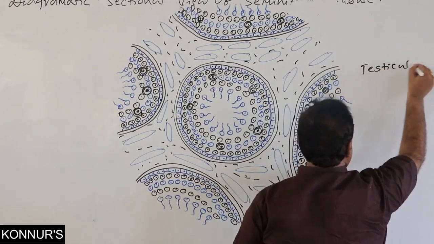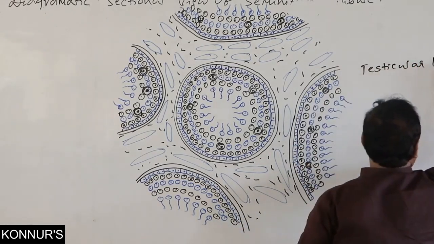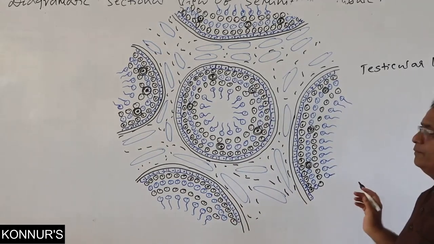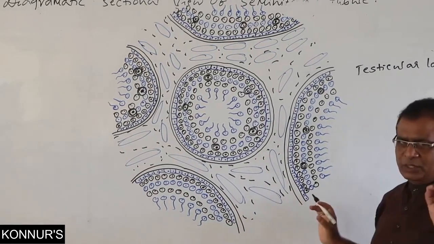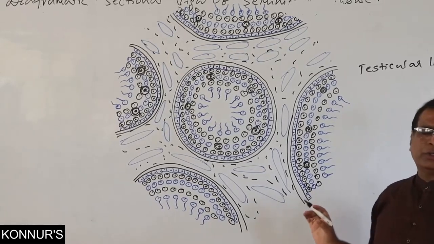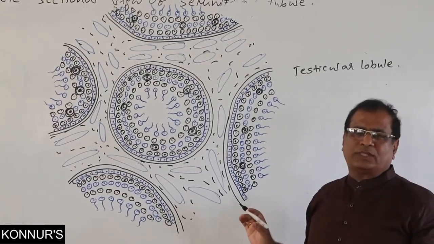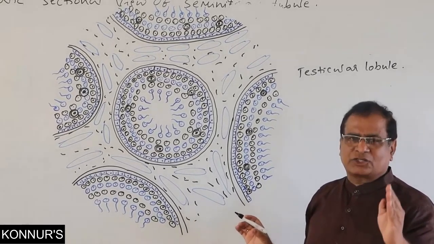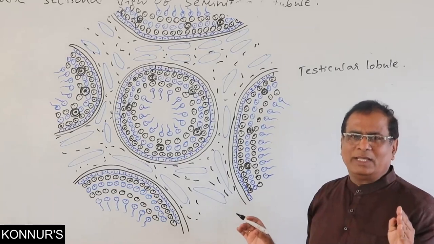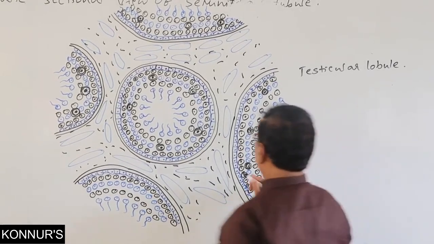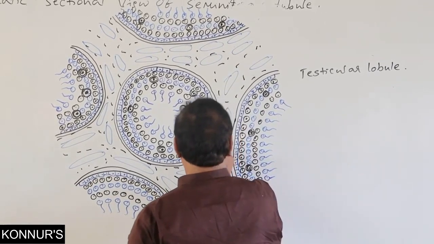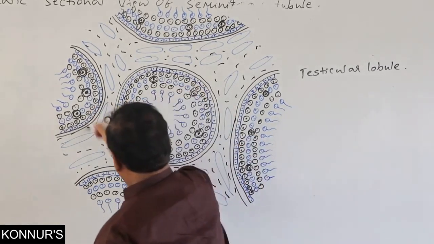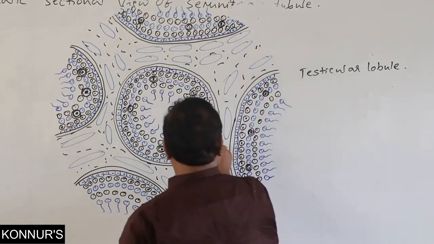In each testicular lobule, there are around 1 to 3 seminiferous tubules. They are the structural and functional units of testes. This is one seminiferous tubule. Even these are also seminiferous tubules.